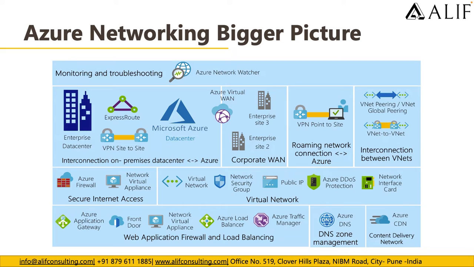You can also trace public websites. Let's say you're not able to reach some specific public websites through your virtual machines. You can use Network Watcher to monitor them, see where the problem is, and troubleshoot those issues accordingly.